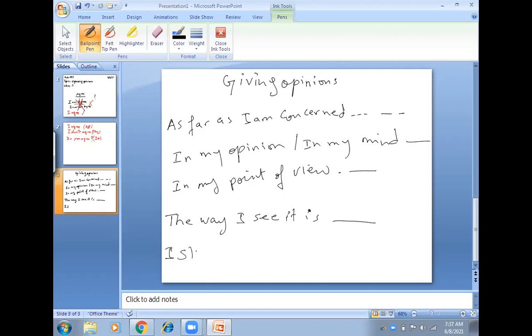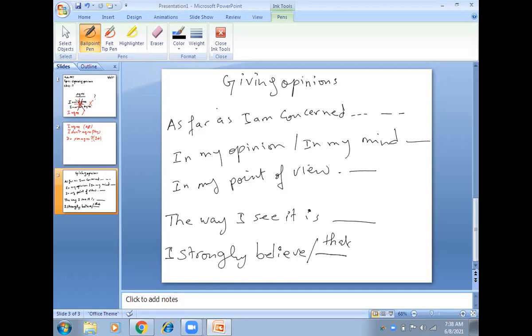So, "I strongly believe that", or "with that". Clear? If you learn these five expressions, it will really make a difference in your spoken English.